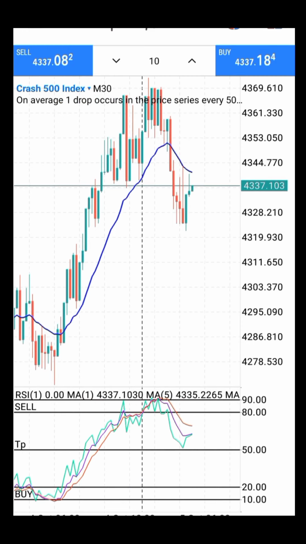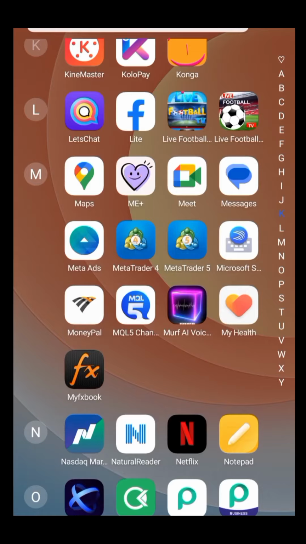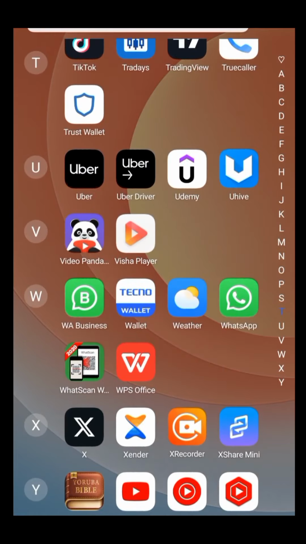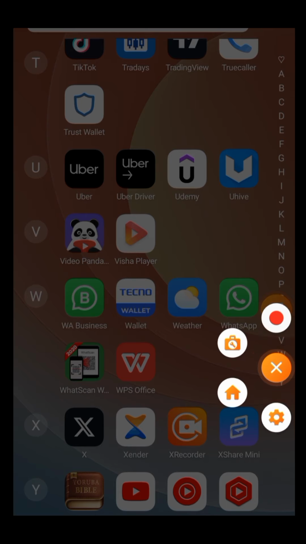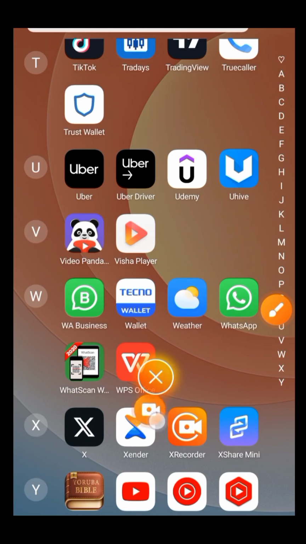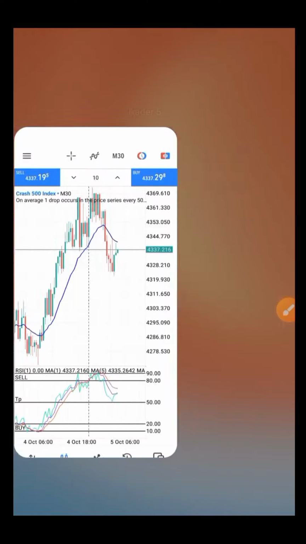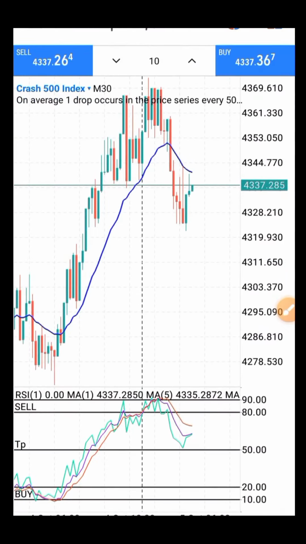What is double top? Let me quickly bring out my drawing tools to show you how double tops look. This is how a double top looks if you are selling.